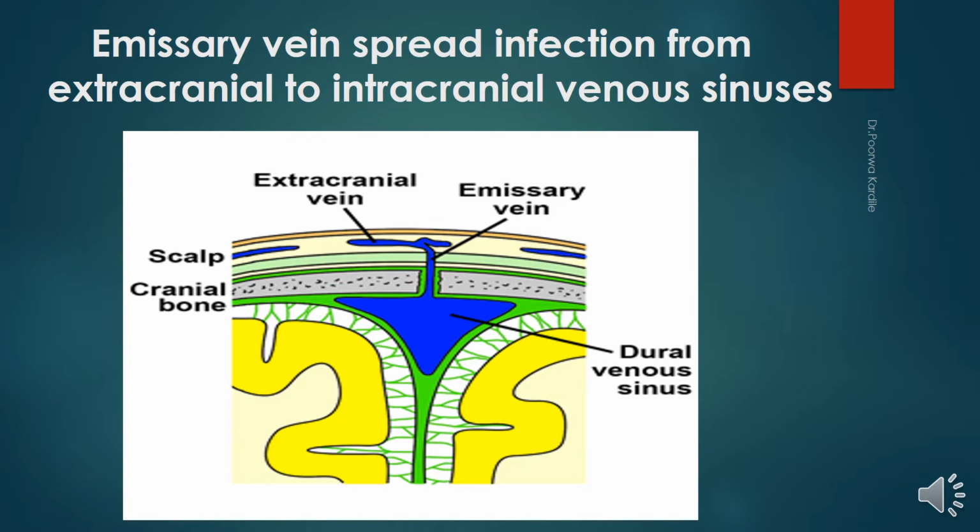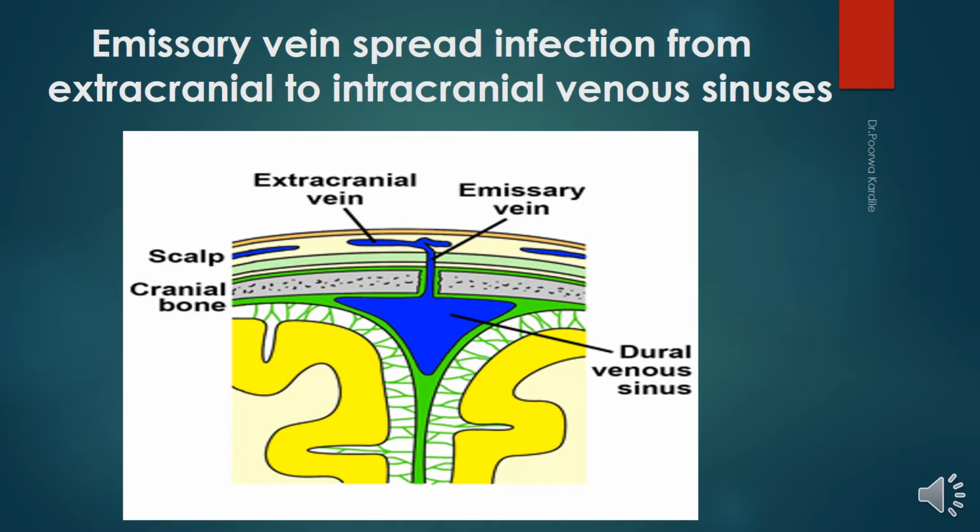Hypoglossal veins connect neck veins with transverse sinus. Condylar canal veins connect deep veins with transverse sinus. Then the veins of foramen lacerum connect pterygoid venous plexus with cavernous sinus. Emissary veins of foramen ovale connect pterygoid plexus with cavernous sinus.